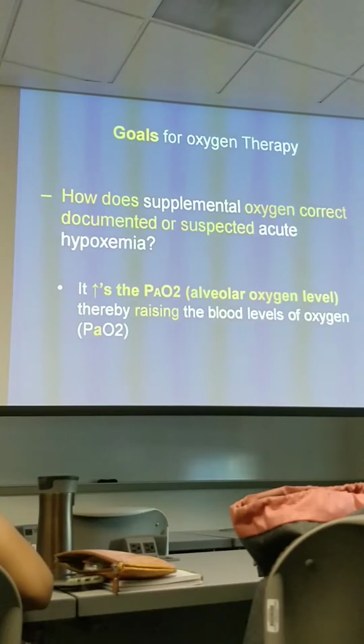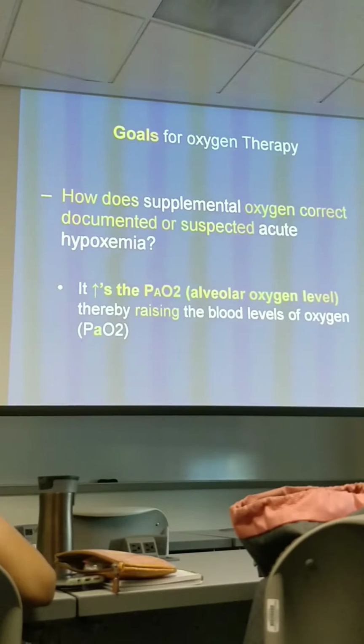Big A is alveolar, the partial pressure of oxygen in the alveoli. The little a is the partial pressure of oxygen in the artery, which comes from the capillary, goes to the arterioles, eventually moves into the pulmonary veins, out the aorta, and to the rest of the body. Does that make sense?